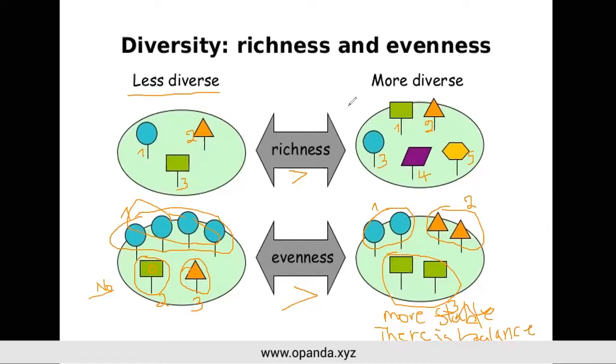These individuals represent evenness. If you remember well, when we talk about evenness, now we talk about individual species. But for richness, this is now all species.